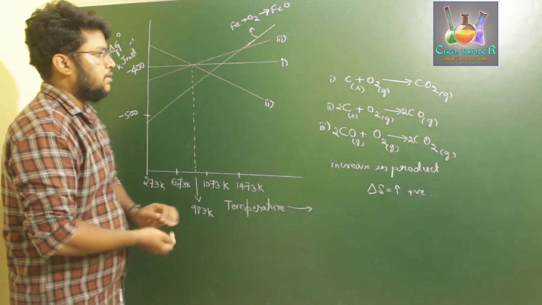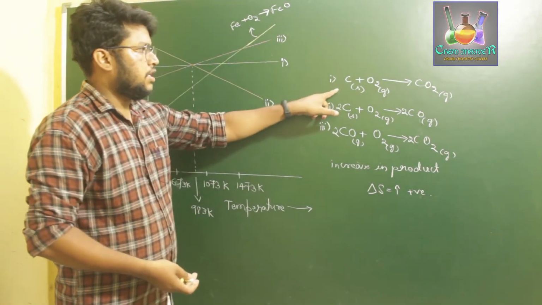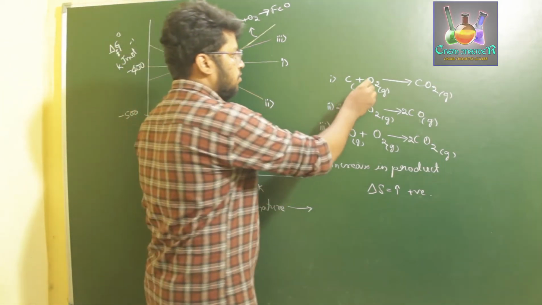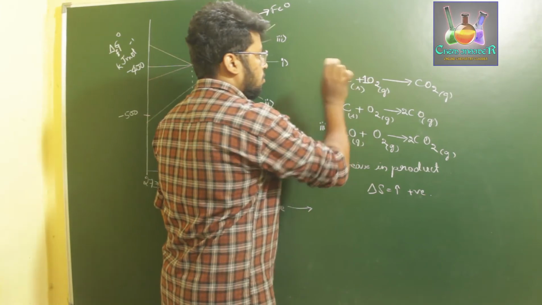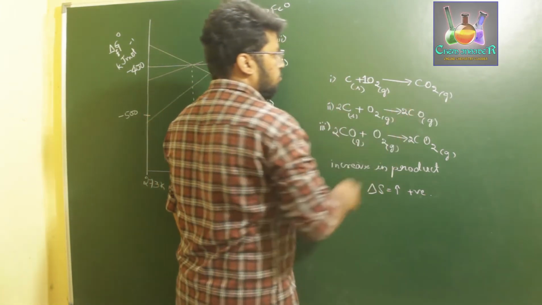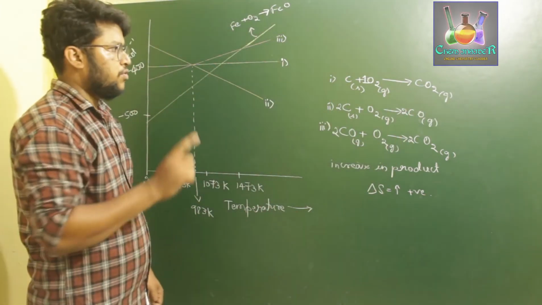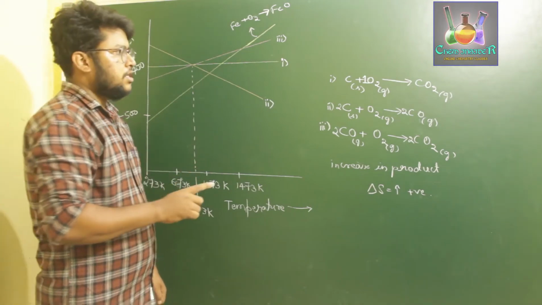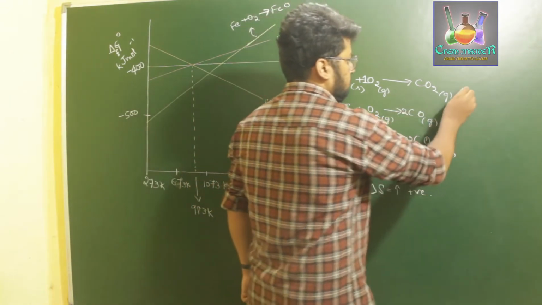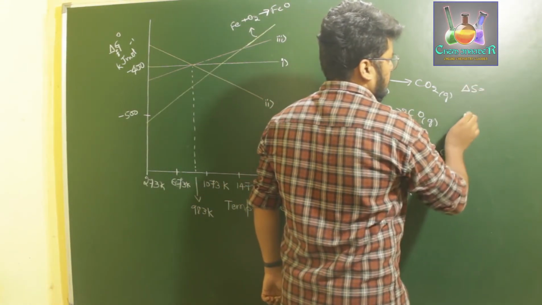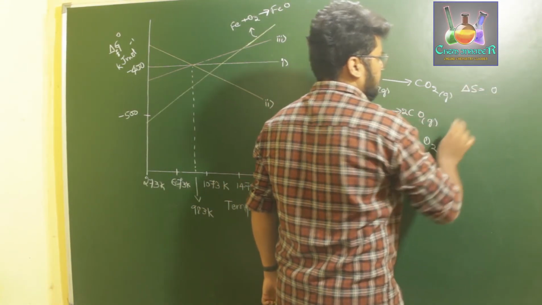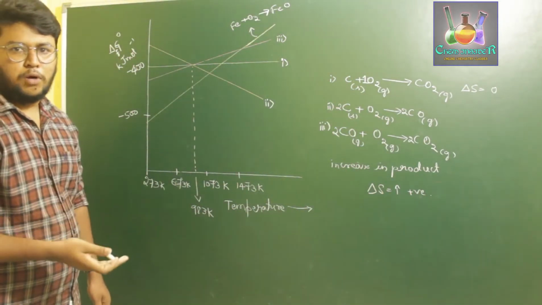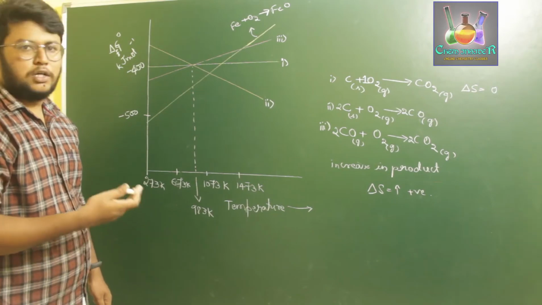In the first reaction, we are using 1 molecule of oxygen gas to get 1 molecule of carbon dioxide gas. Since there is no change in the moles of gas, delta S is 0. Entropy changes when the volume of product formed is more than the volume of reactant consumed.